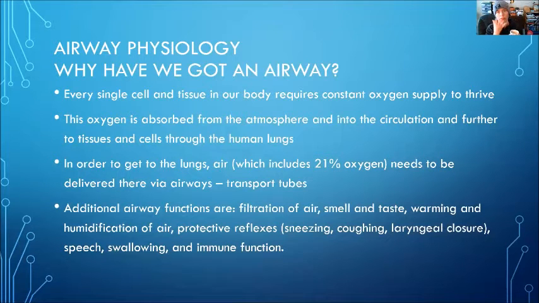So this oxygen gets transported through our airways, and that's the system that we need. The system consists of the upper airway and lower airway. The upper airway is very much just the transport tube, and the lower airway is the lung, where the absorption of the oxygen and its movement into the circulation, which can then transport it around the body, occurs.